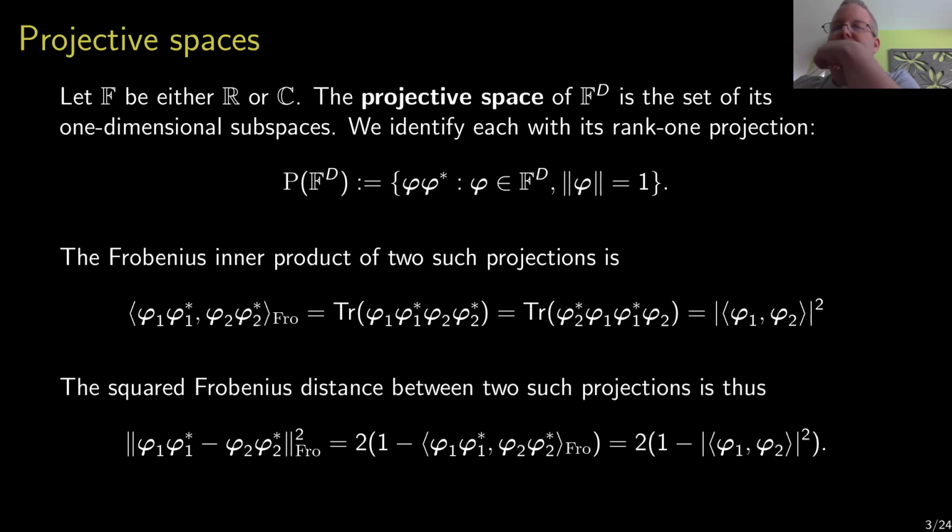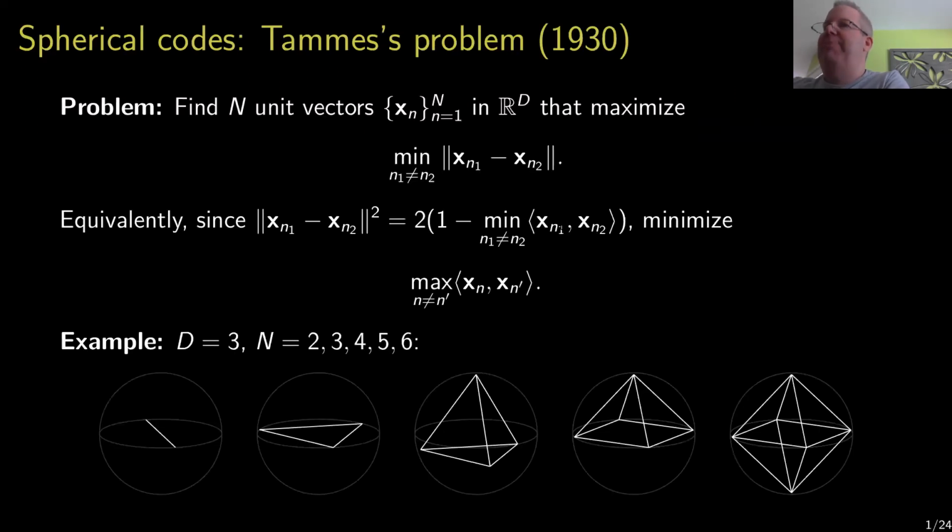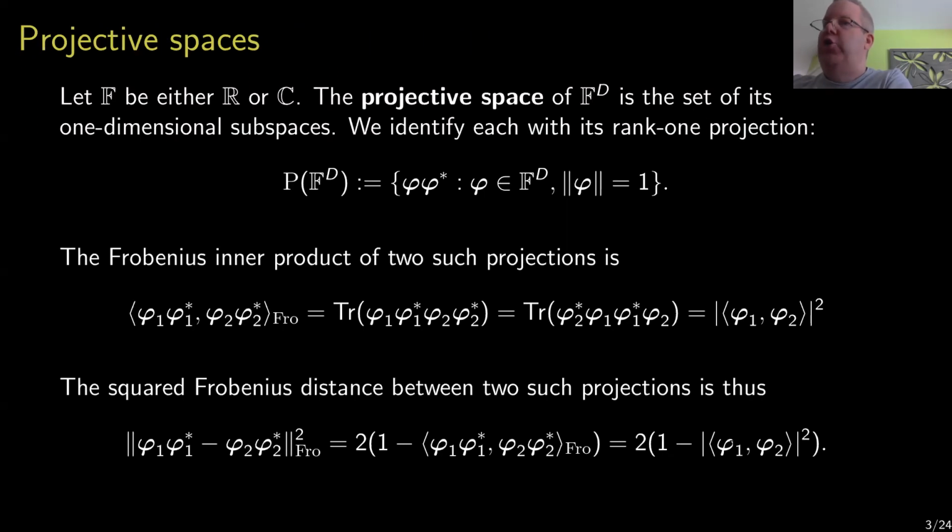And so when you take the Frobenius distance between two such projections, very similar to the argument we did before, you get this quantity, which is noticeably different than what we had before, because before we did not have an absolute value, and now we do.